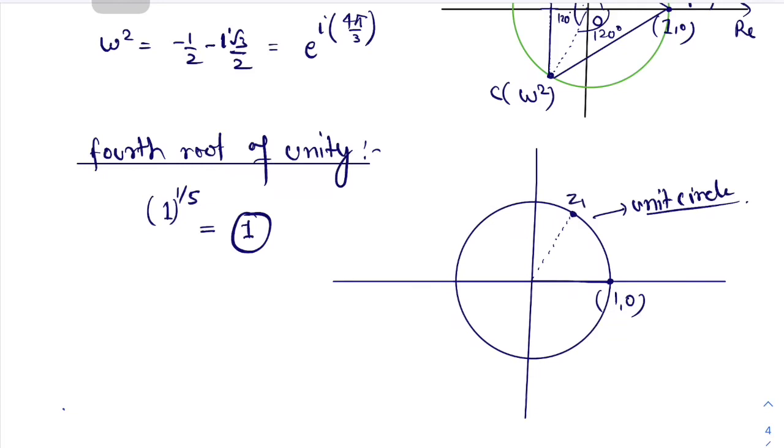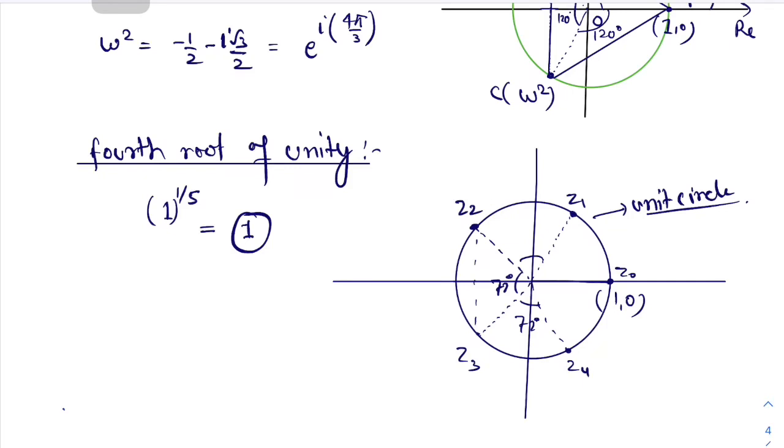Let's say this is Z0, this is Z1. At 72 degrees from here, this is Z2. Again at 72 degrees from here, this is Z3, and again at 72 degrees I will get Z4. So these are the locations of the fifth roots of unity.